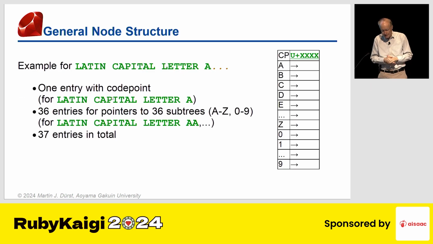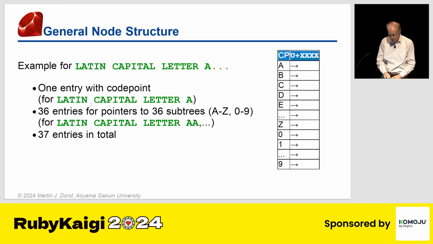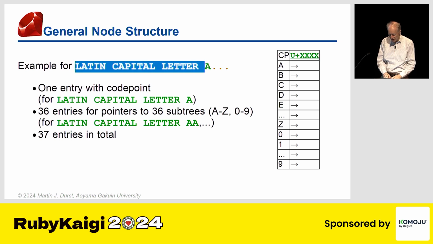And so each crossing, or each node in this tree, would then look like this. We are now at the crossing that stands for Latin capital letter A. We already passed quite a few crossings. And here we can actually have a code point.